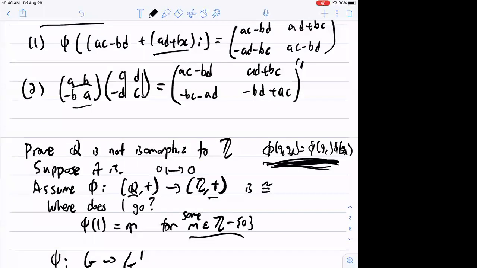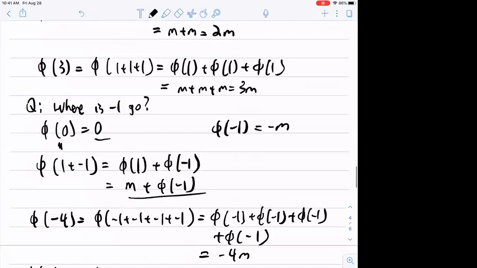But it could be bijective and still not satisfy this. So isomorphism has an extra assumption that puts a restriction on the number of bijective maps. There certainly are bijective maps; they just don't satisfy this. So yeah. Okay.